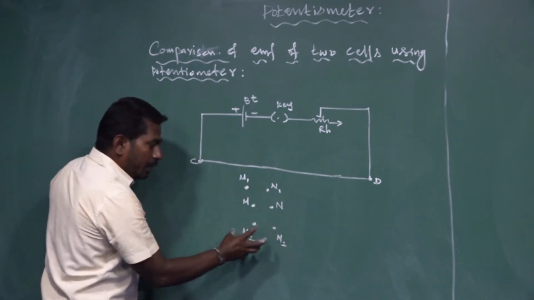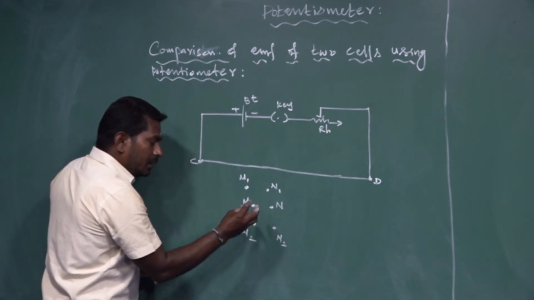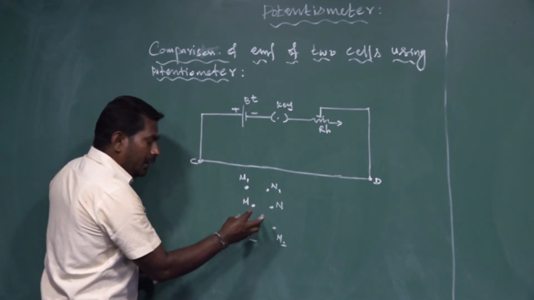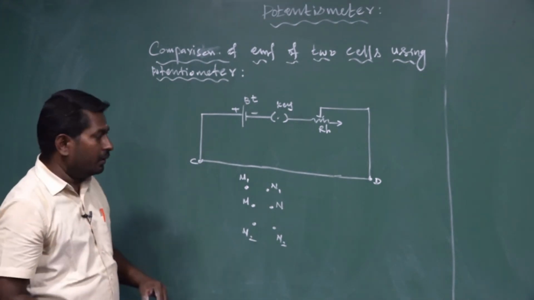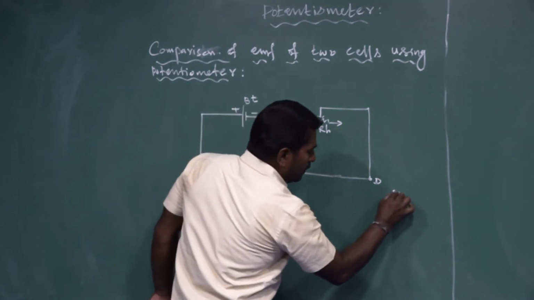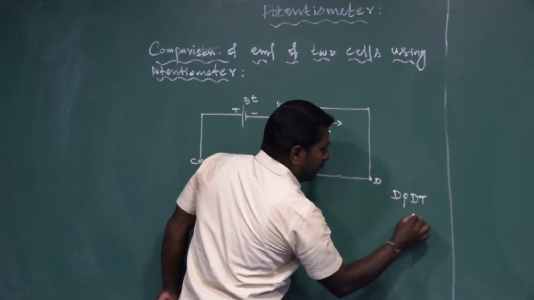It is one of the important elements. It is called a DP-DT switch, double pole to double throw switch.